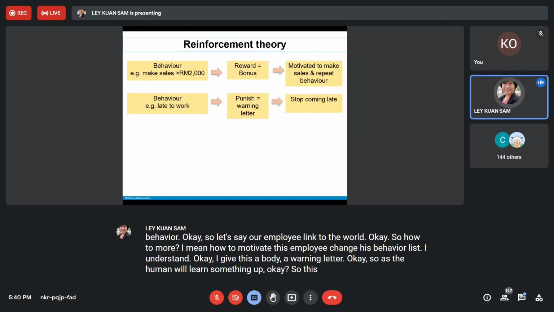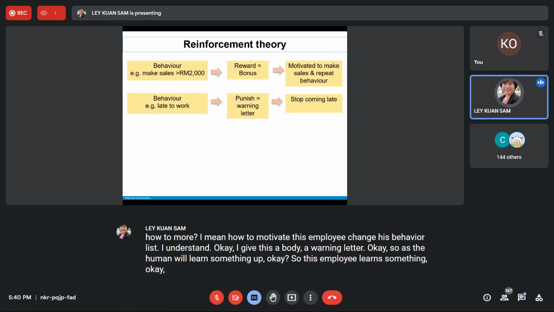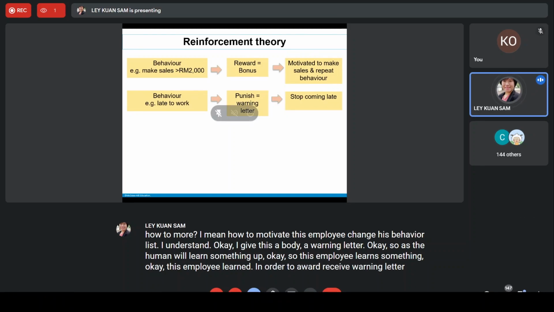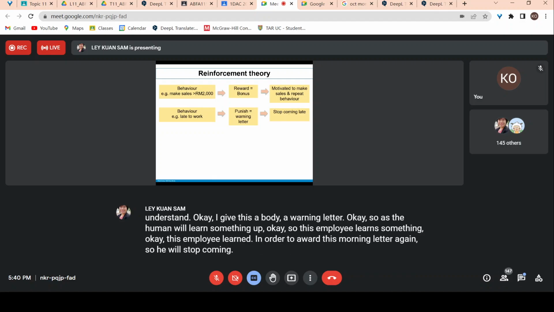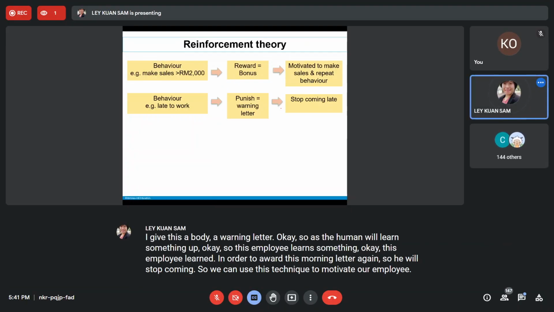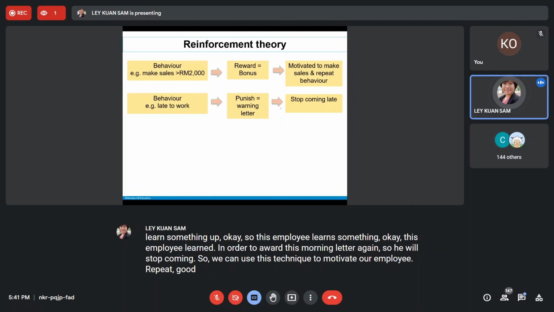This employee learned that in order to avoid receiving a warning letter again, he will stop coming in late. So we can use this technique to motivate our employee to repeat good behavior and stop bad behavior.